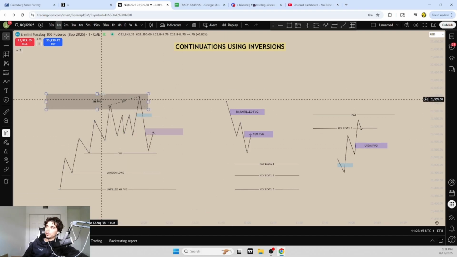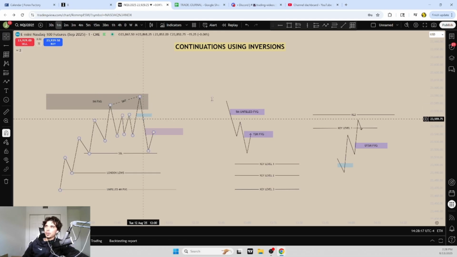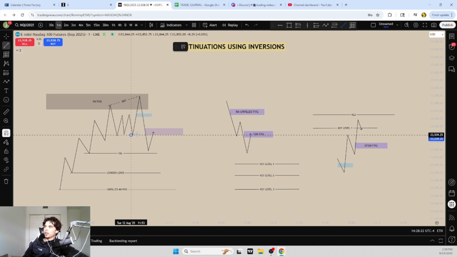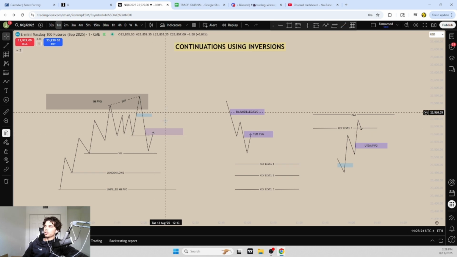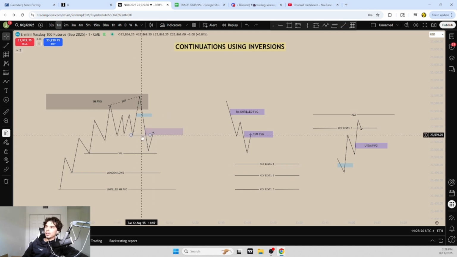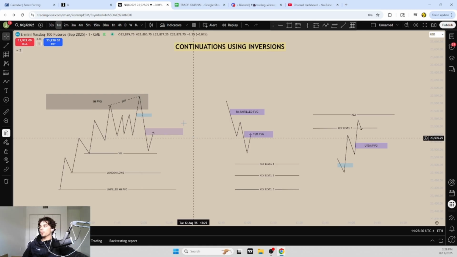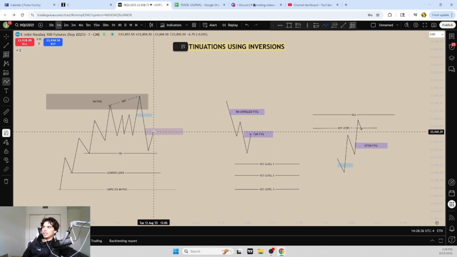Why? Because we just tapped into a high time frame gap. We have an SMT, we got an inversion, and what else did we get? Well, we also got, let's say, a break of structure right here. A market structure shift, whatever the case is, right? CISD, we have conviction that price is going to continue lower. So again, condition opens up, we trade into it. What are we looking for? I want to see a trade into this condition and then an inversion out of it.